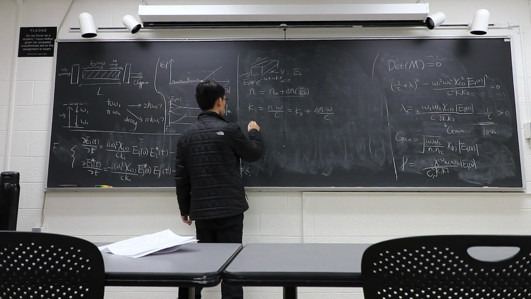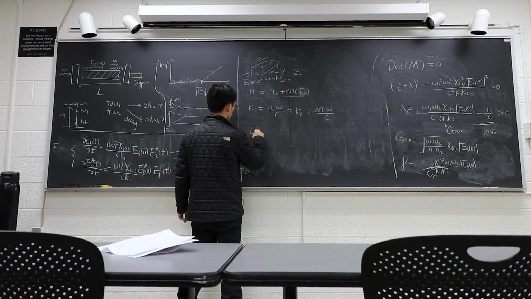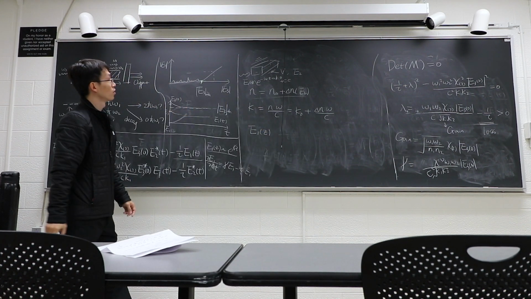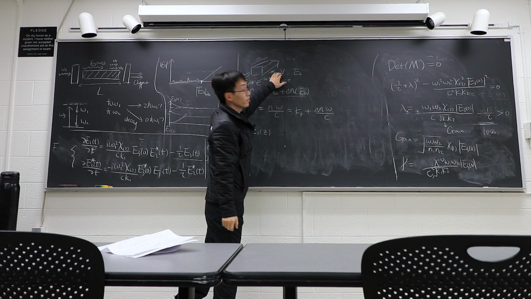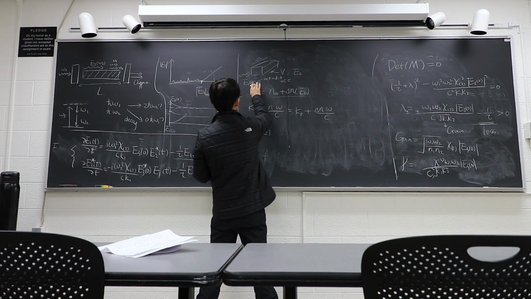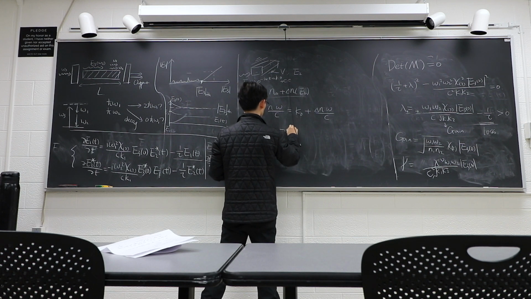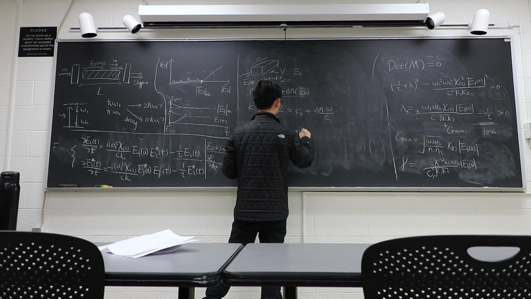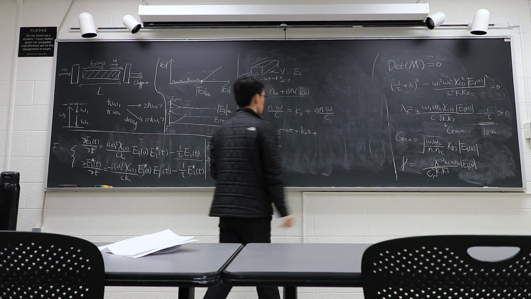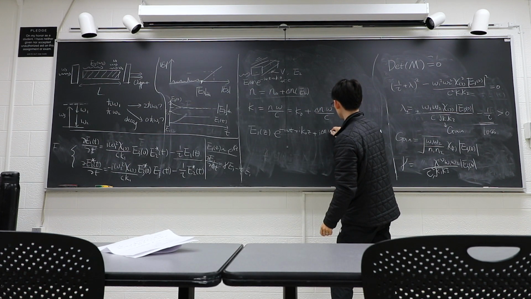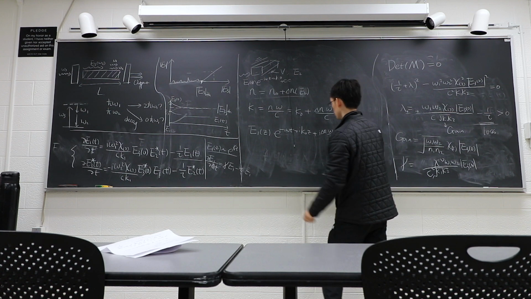So when you have a voltage on, your light goes like e to the i omega t plus i k naught z plus i delta n omega over c z.